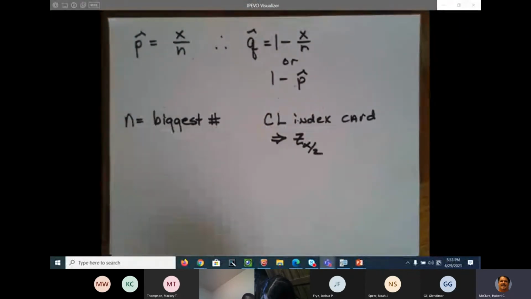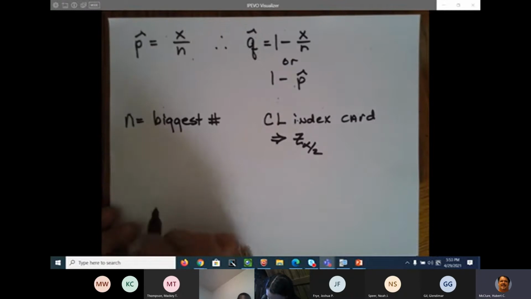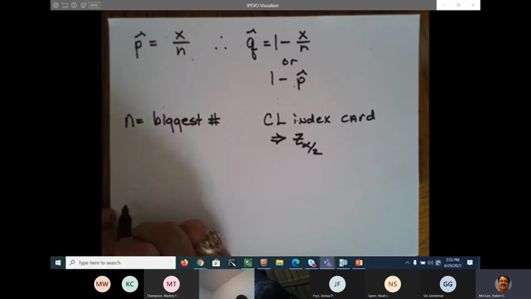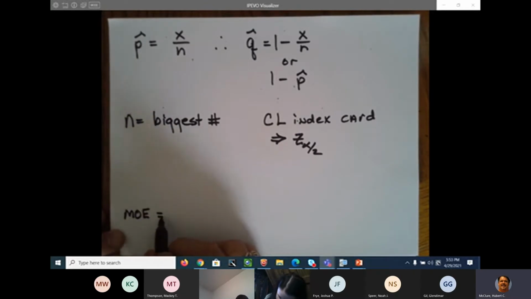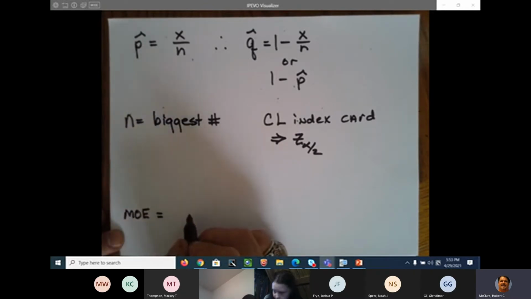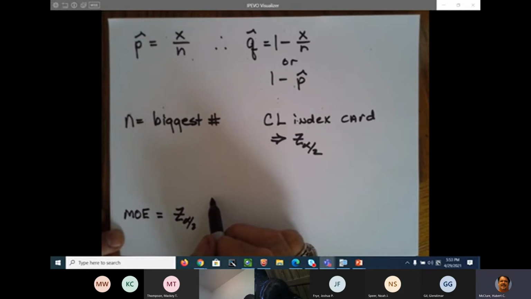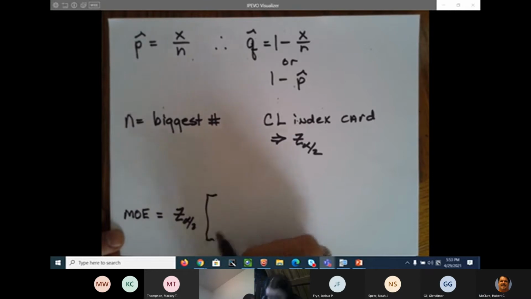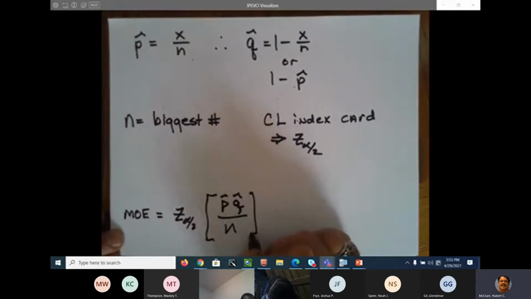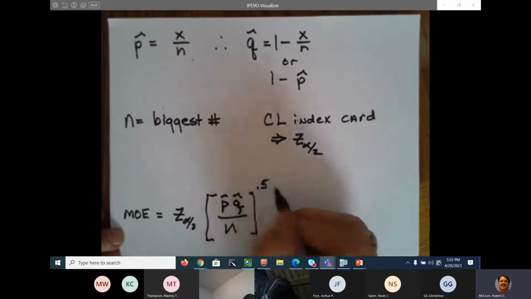And then the only other formulas you need to know: margin of error is equal to z sub alpha over 2 multiplied by p hat, q hat over n raised to the 0.5 power.